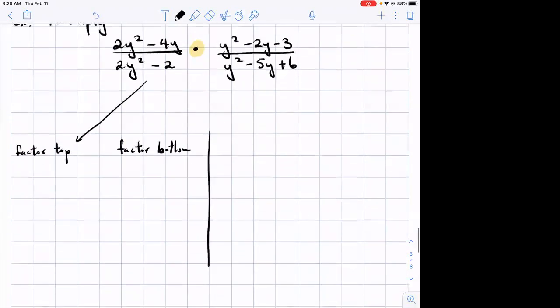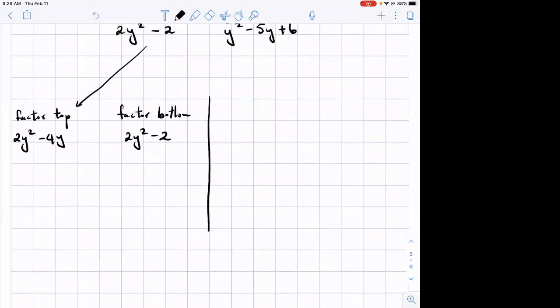The top we know is 2y squared minus 4y. The bottom we know is 2y squared minus 2. Notice I can factor; the GCF is 2y. So if I take out 2y, I have y minus 2.